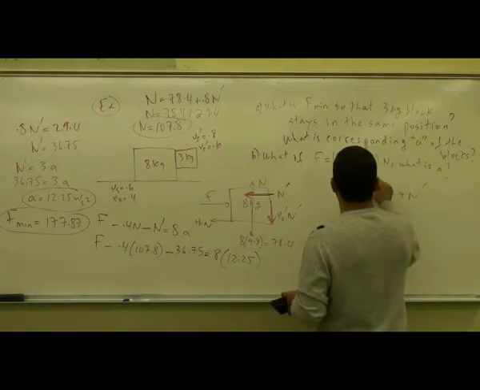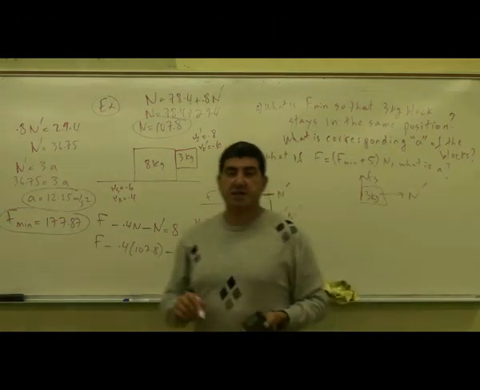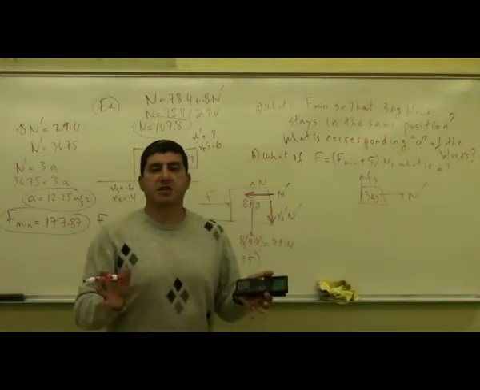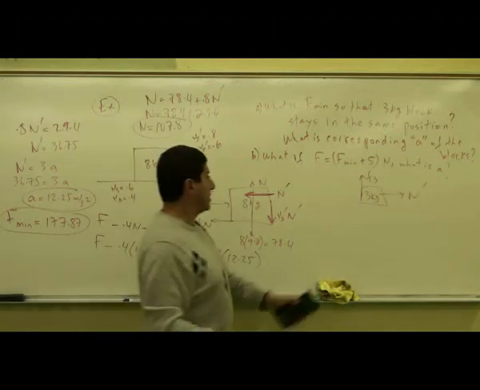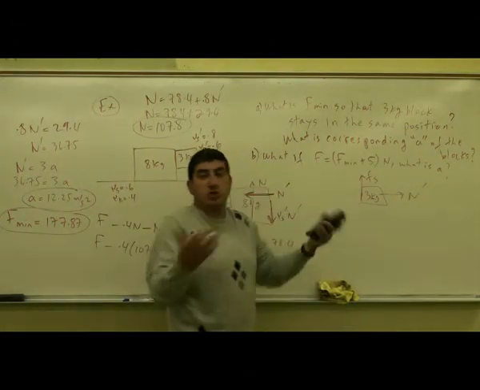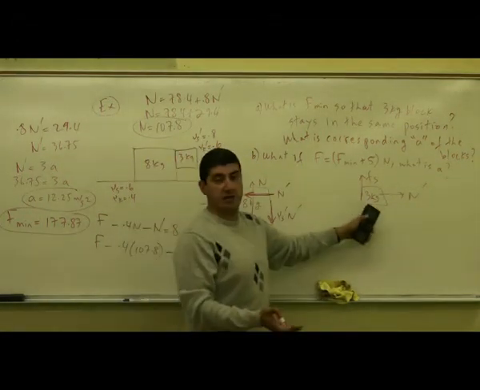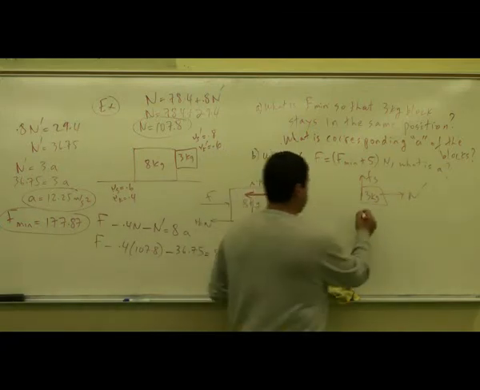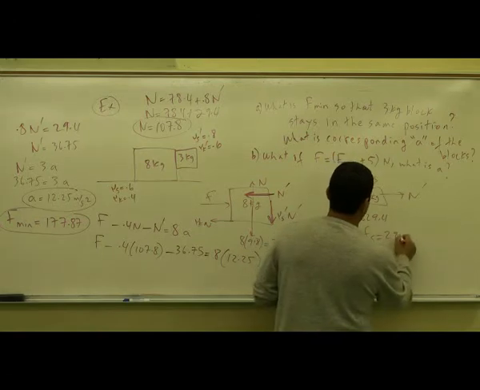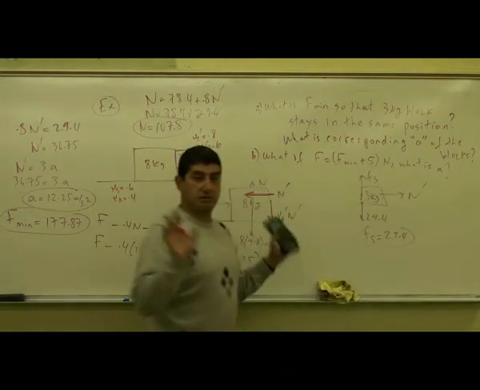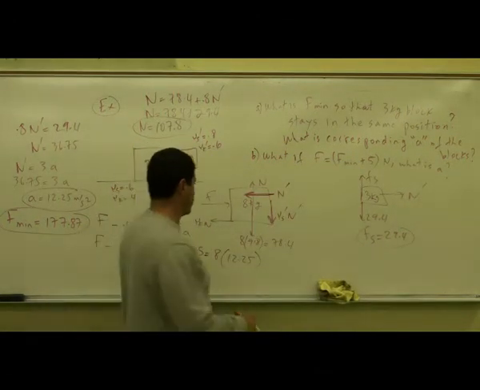There's going to be a friction force Fs, but it's no longer going to equal mu S N. It doesn't have to be equal to its maximum value. It's going to equal what it needs to equal to balance the weight, which is 29.4. So Fs equals 29.4, and that's it. So we already know what the friction force is.